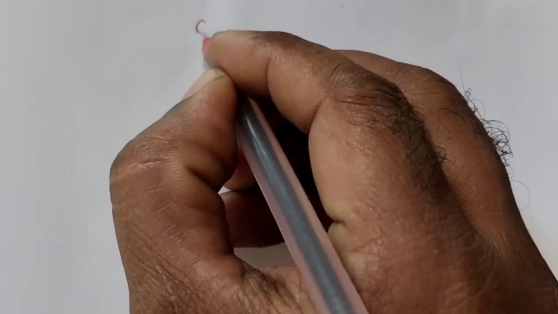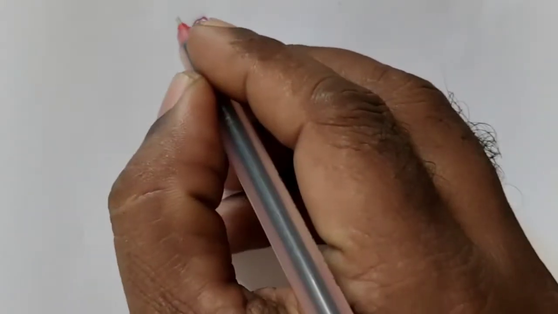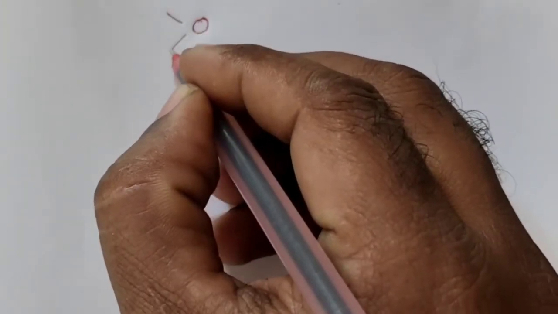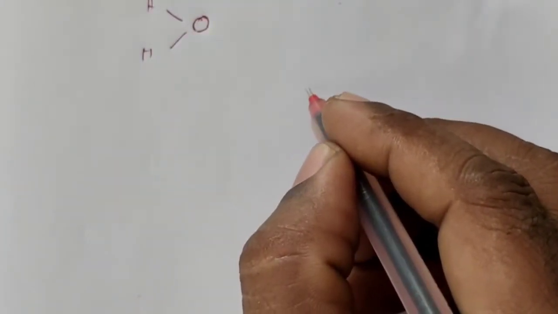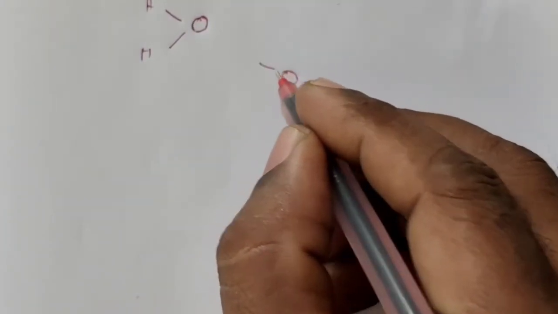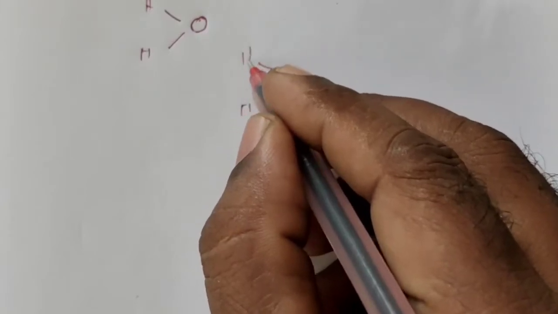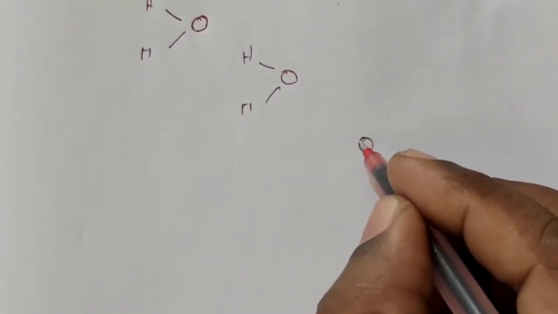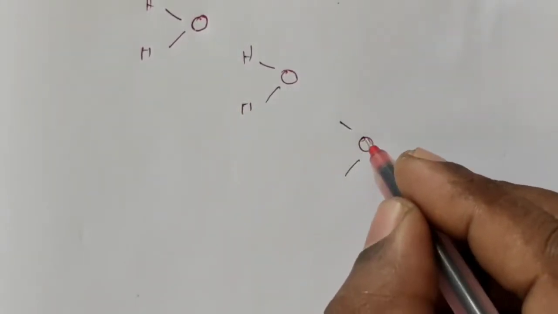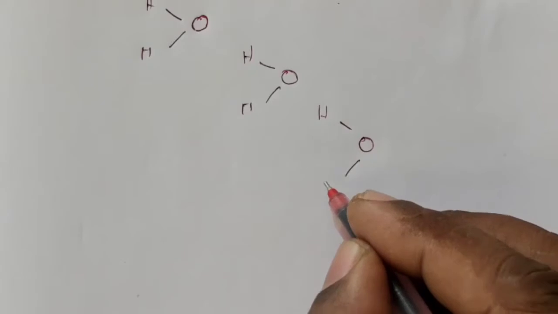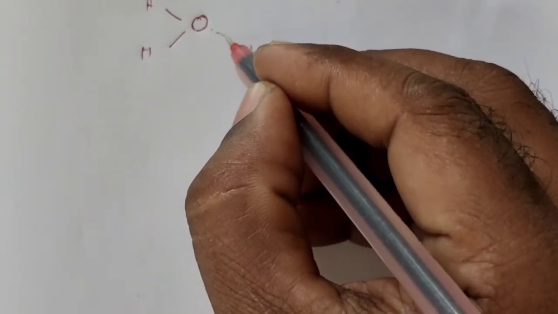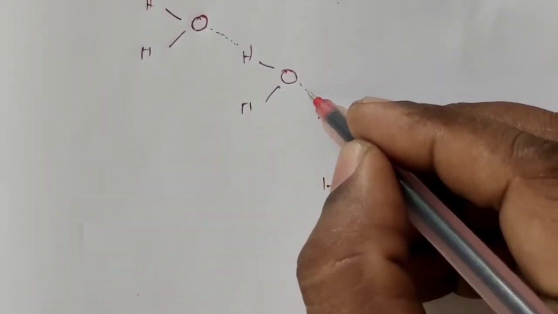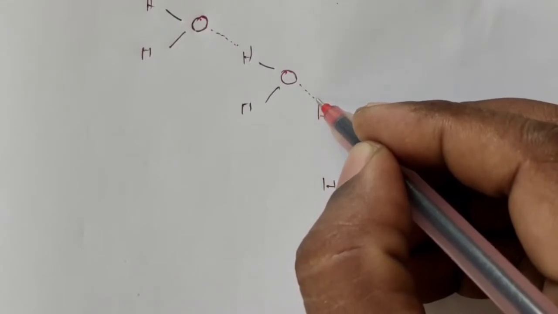Put an oxygen atom with 2 covalently bonded hydrogens. Here put another oxygen atom with 2 covalent bonds. These 2 water molecules are associated by hydrogen bond.